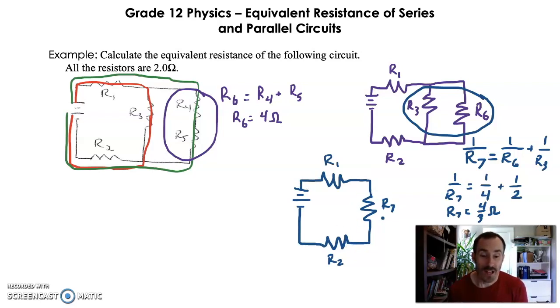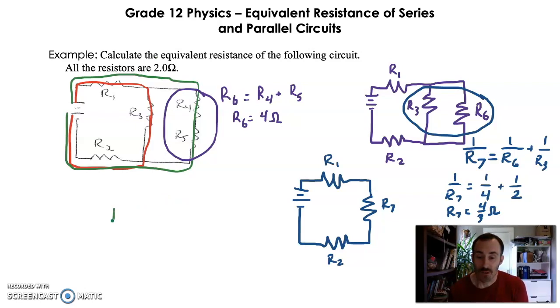So R7 is a combination of R4 and R5 together in series, and R4 and R5 plus R3 in parallel. We've taken this section of the circuit and simplified it into one equivalent resistor. So now that we have one simple series circuit, it's very easy to add these up using the series rule.